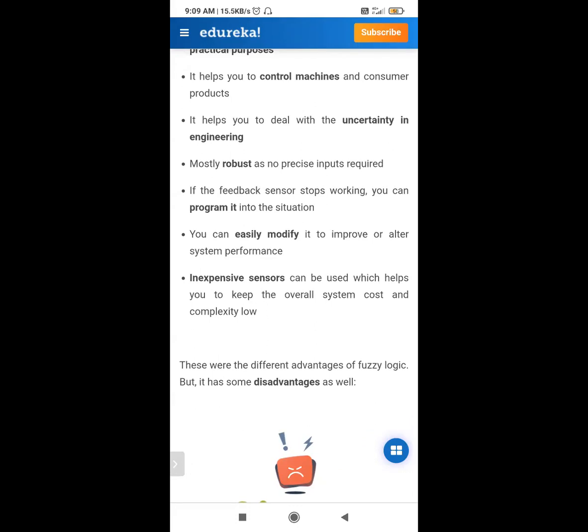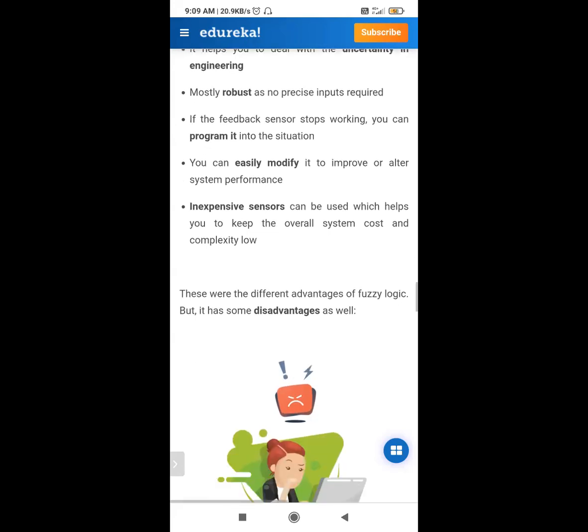And when the feedback sensor stops working, then we can program it based on the situation present over there. And next one, it is easily modifiable when we want to improve or alter system performance.